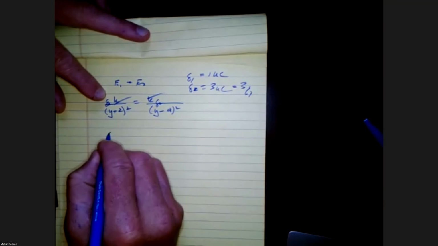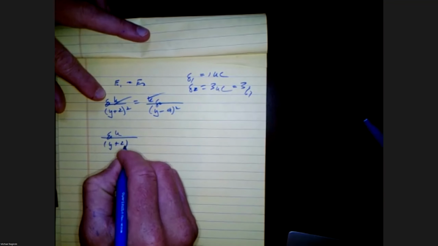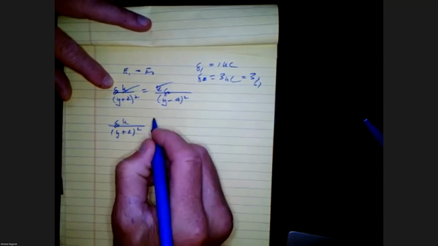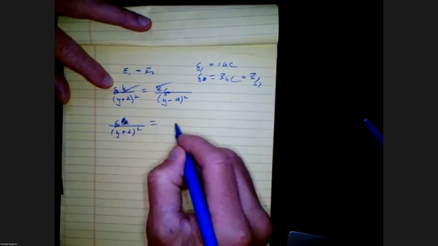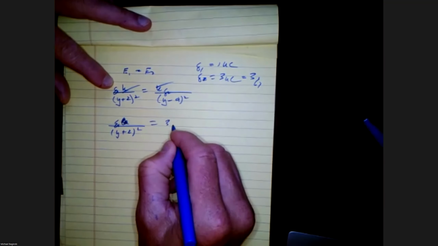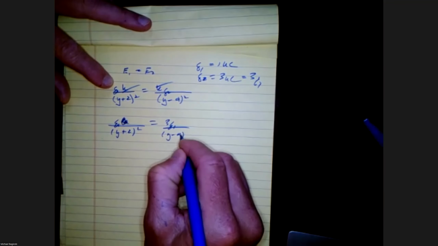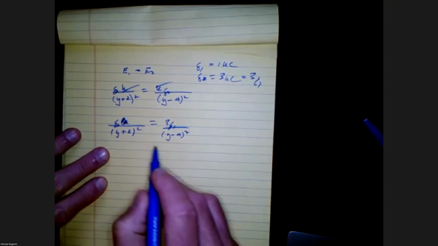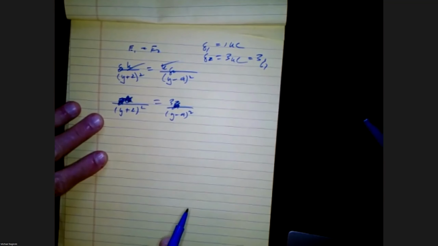I'm going to have Q1 K over y plus 2 squared is equal to, and I already got rid of the K, so this is going to be 3Q1 over y minus 4 squared. Obviously, the Q1s cancel. What I'm trying to do is make it as simple to see as possible.